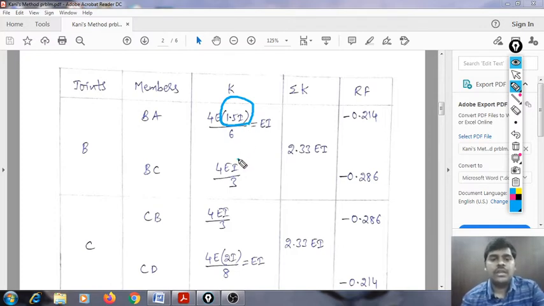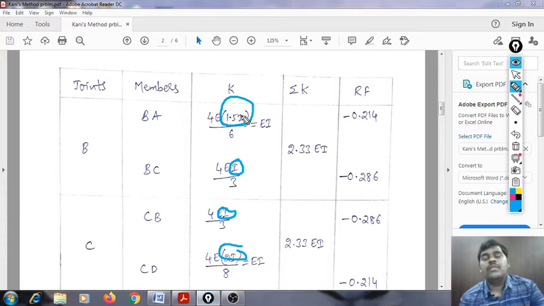For BA it is 1.5 I, for BC or CB it is I, whereas for CD it is 2I. Substituting and replacing I with the given moment of inertia, we get the K values.